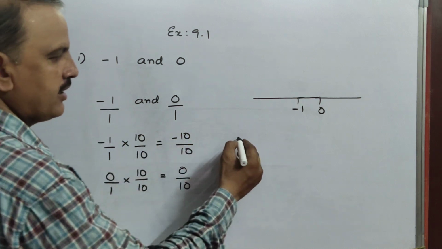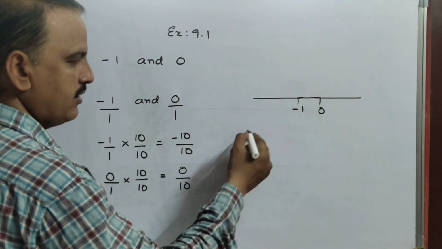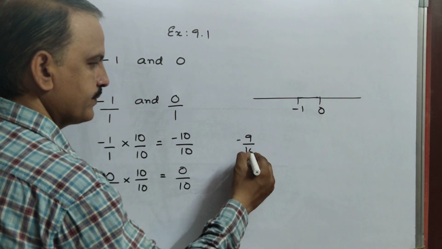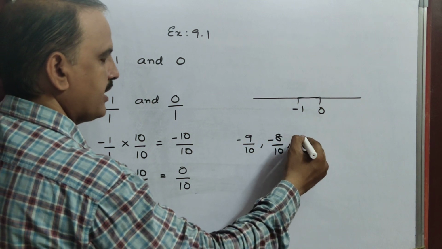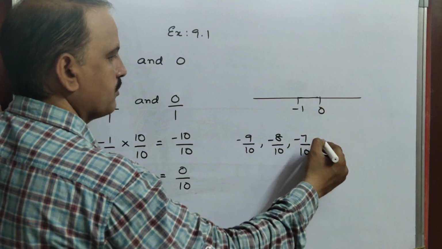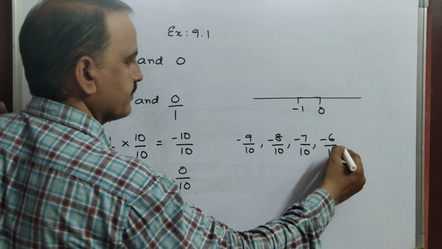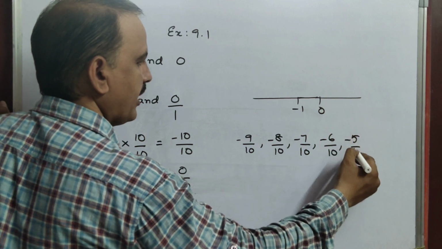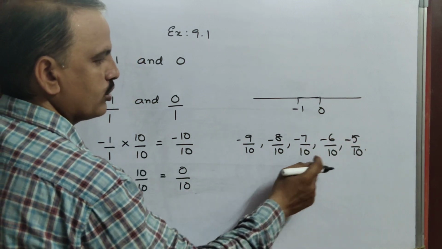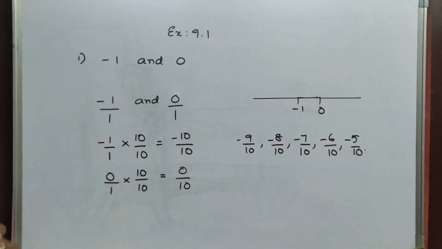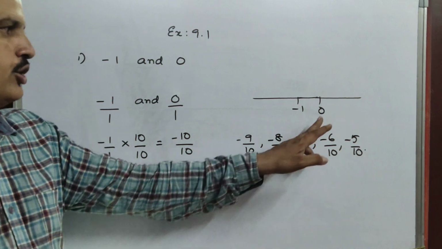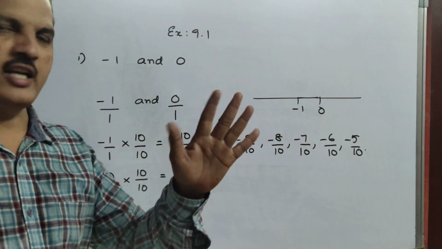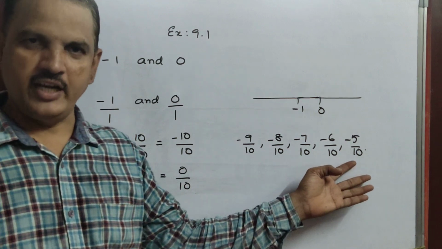So minus 9 by 10, minus 8 by 10, minus 7 by 10, minus 6 by 10, minus 5 by 10. 1, 2, 3, 4, 5. 5 is enough, no? We asked for 5. We got all the 5. These are the 5 rational numbers between 0 and minus 1.